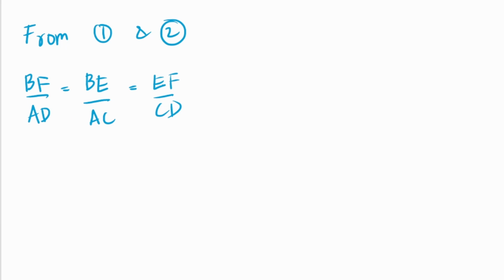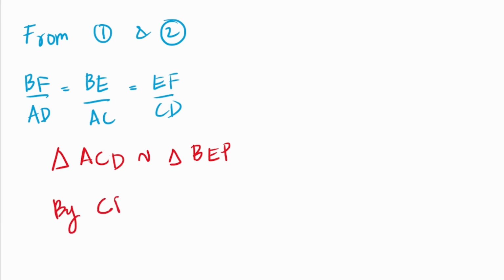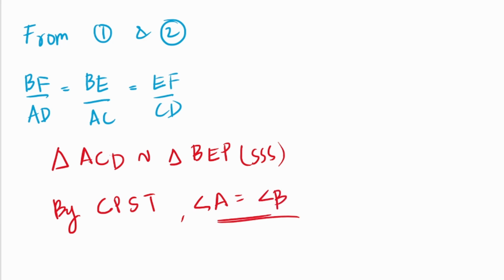So this simply means that the triangle ACD is similar to triangle BEF. So by corresponding properties of similar triangles, using the SSS property, angle A equals angle B. Yeah, so this is it.